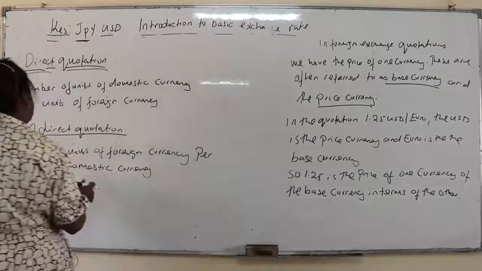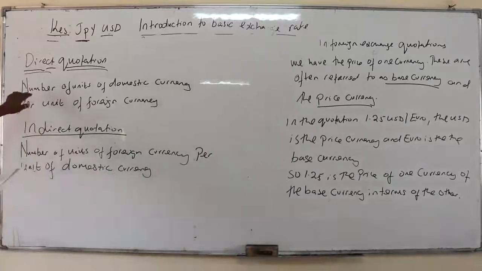That is how they're usually expressed. So always remember that the direct quotation is number of units of domestic currency per unit of foreign currency, and then the indirect quotation is number of units of foreign currency per unit of domestic currency.